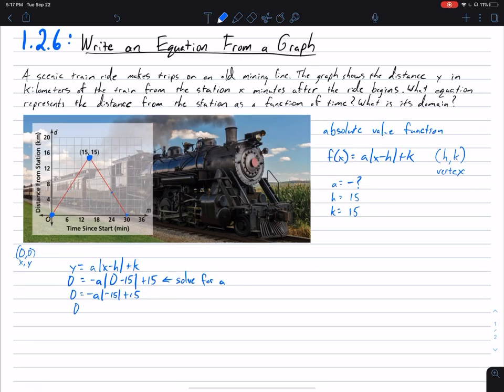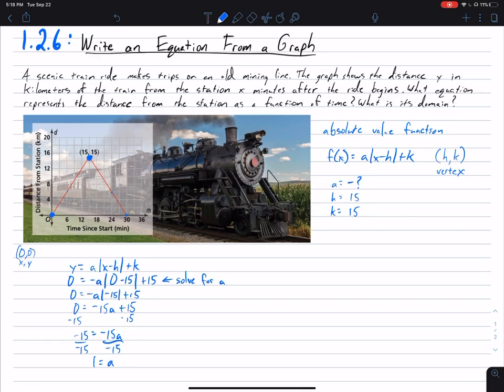So I have 0 equals, that 15 will come out as a positive 15. I'm going to subtract 15 to the other side. So I get negative 15 equals negative 15a, divided by negative 15. So a is equal to 1.